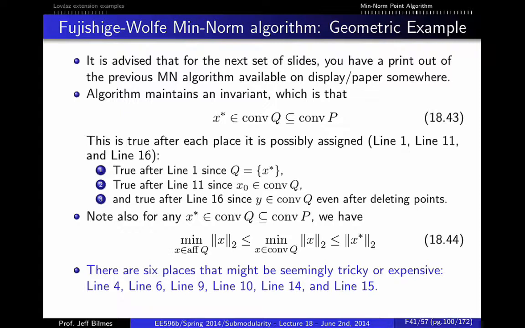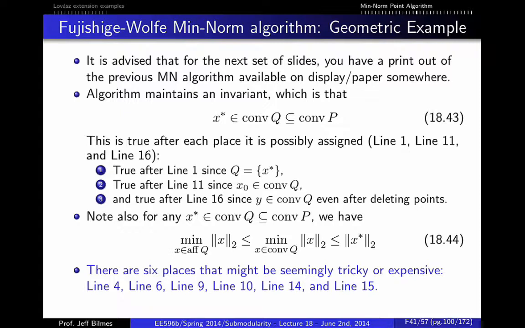And then also line 6, choose an x hat on the closer side of that hyperplane. It turns out that lines 4 and 6 are going to be solved by Edmonds' procedure. It's going to take us a while to see that, but 4 and 6 are done thanks to Edmonds.